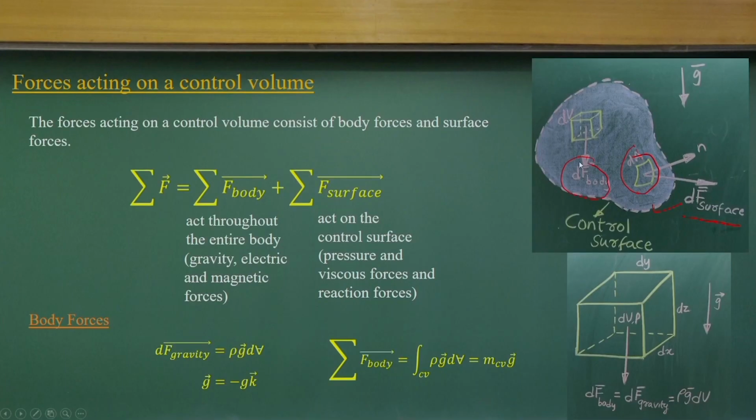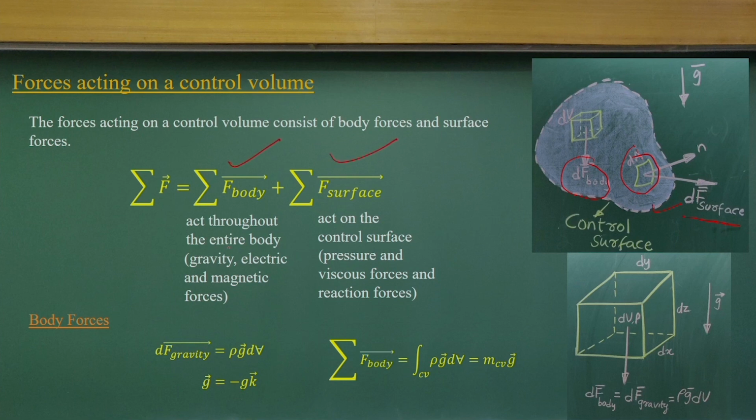Basically, because of the control volume mass, how much weight you get, that is the body force. And along the surface, the forces acting are the surface force. So, you get two force components for a control volume: one is the body force, another is the surface force.